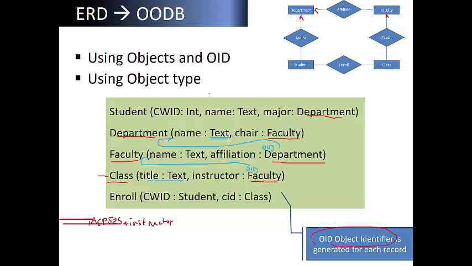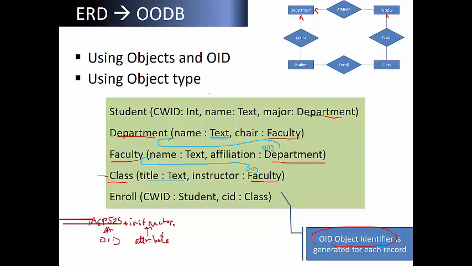Object dot, so this is an object. Object ID. This is an attribute. So this object has an attribute instructor.